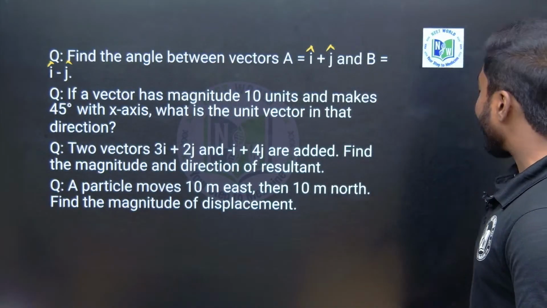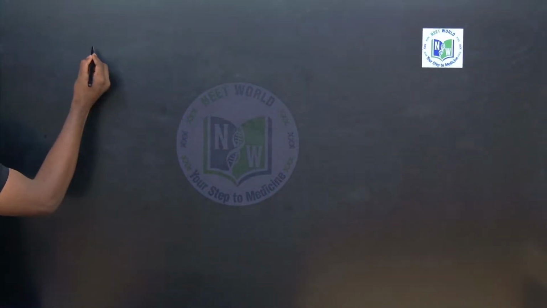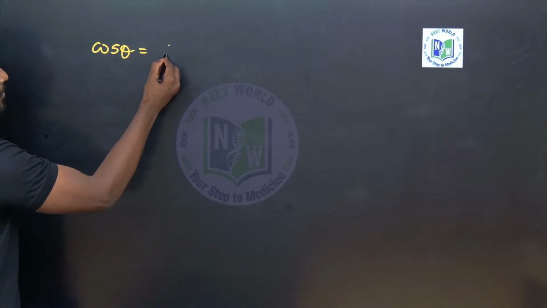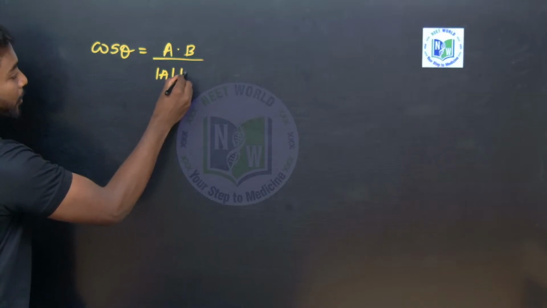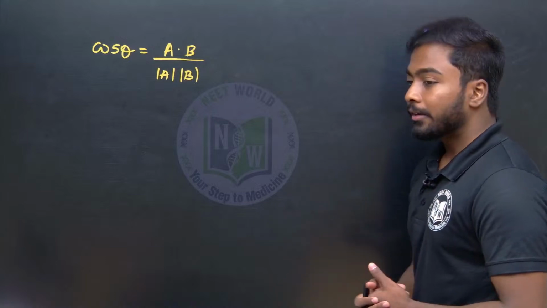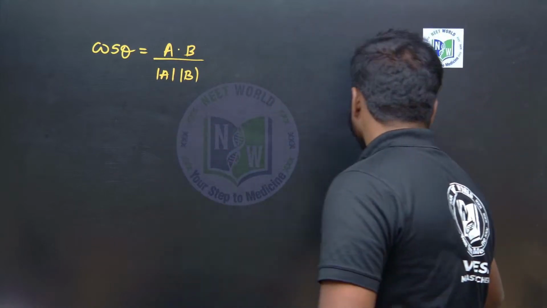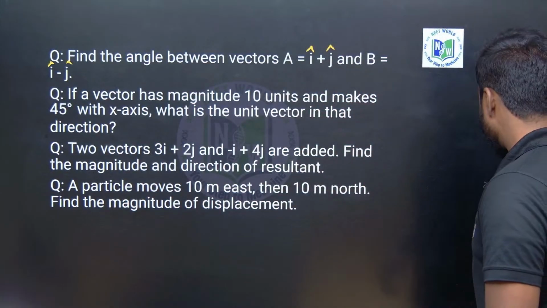If I want to find the angle, the first thing is to write the formula, that is cos theta equals A dot B by modulus of A and modulus of B, or mod A mod B. Modulus means I should take the root over the given values. Here A is i cap plus j cap and B is i cap minus j cap.